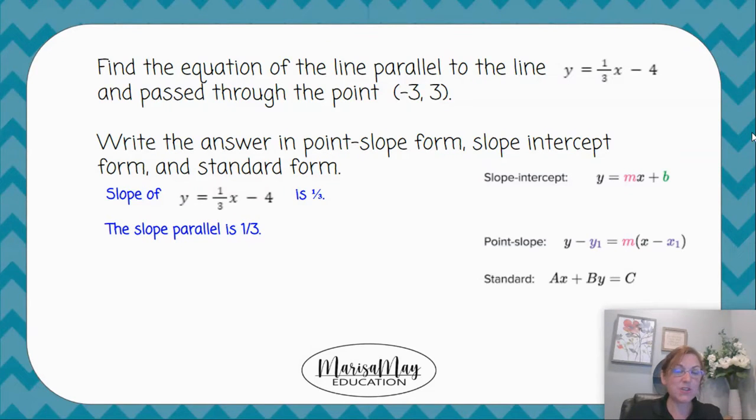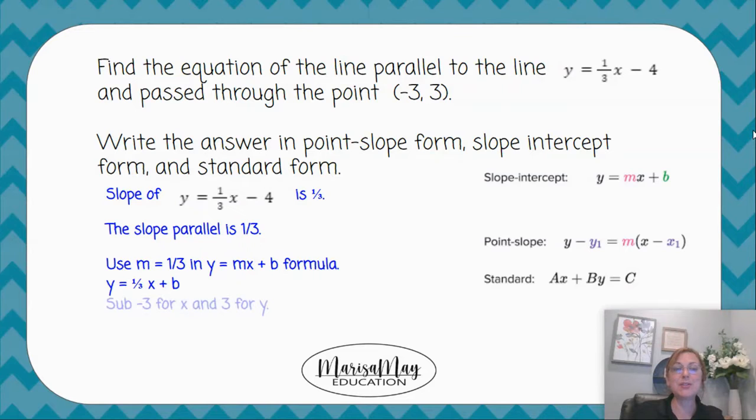So let's begin with the slope-intercept form of the line. We're going to put in 1/3 for m, since that's the slope. Next, we're going to take that point we've been given, (-3, 3), and we're going to substitute in -3 for x and 3 for y in hopes of finding this value for b.